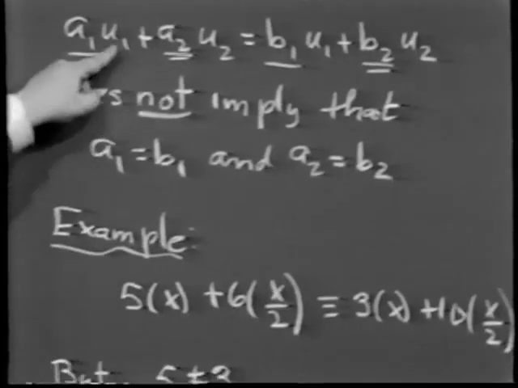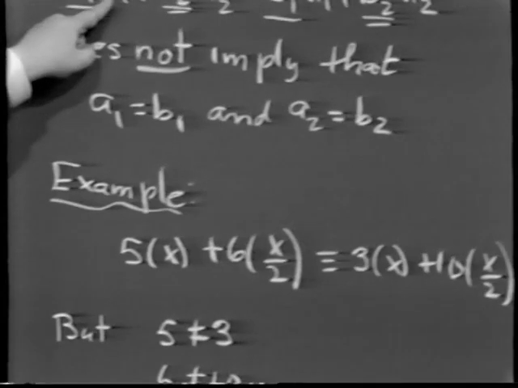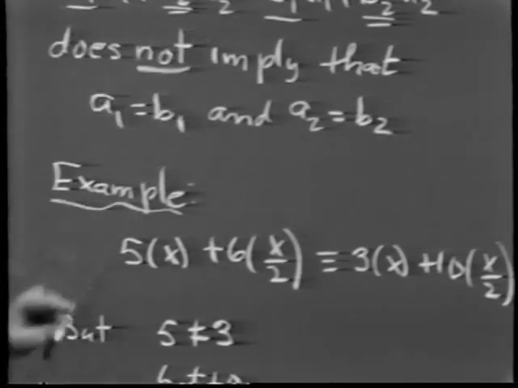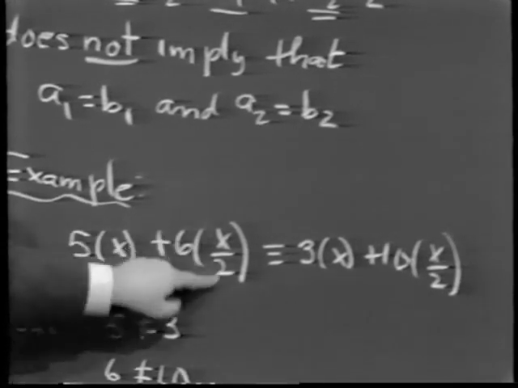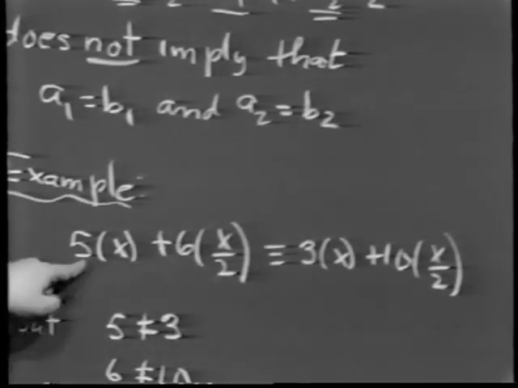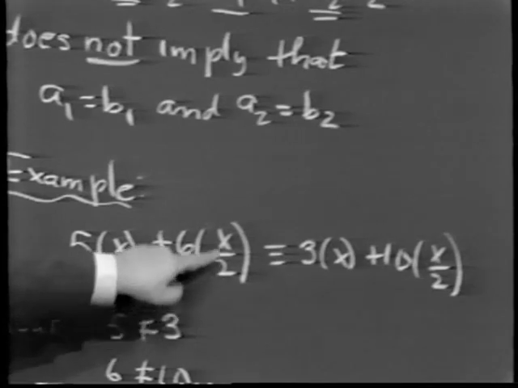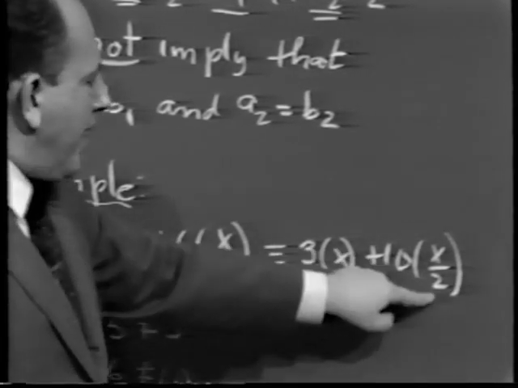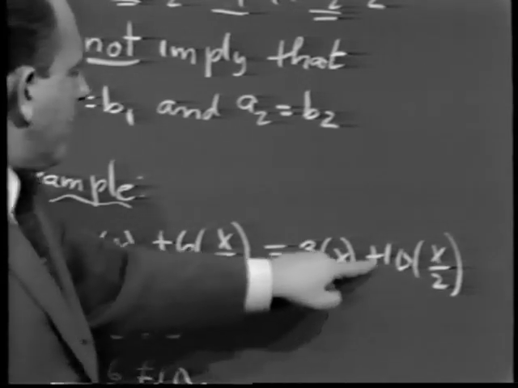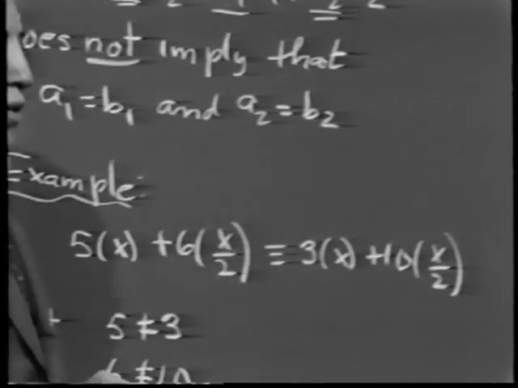For example, in this general expression, let u1 equal x and let u2 be x over 2. Look at the expression 5x plus 6 times x over 2. That's 5x plus 3x, which is 8x. Look at 3x plus 10 times x over 2. That's 3x plus 5x, which is also 8x.